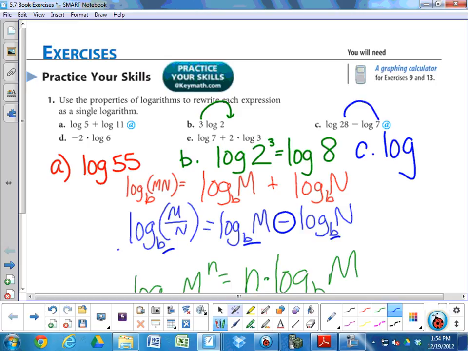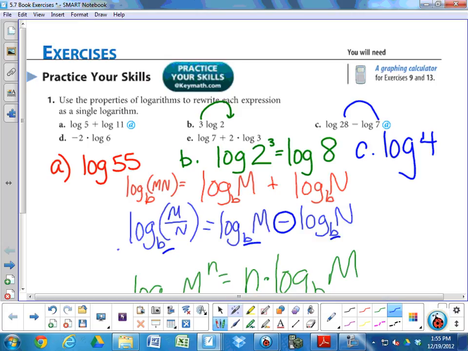Their insides, by the way, are known as arguments. Whether it's a square root, a log, an absolute value, a cosine, any mathematical operation that says the log of this, that x in there is known as the argument of the operation. So what can we do? The log of 28 divided by 7, which is 4.